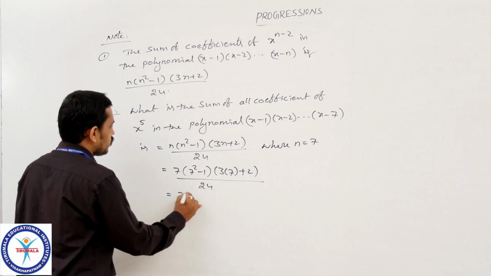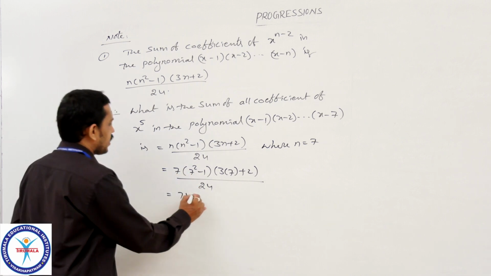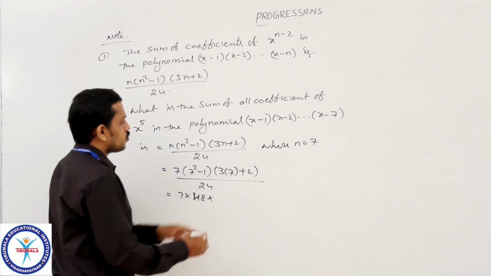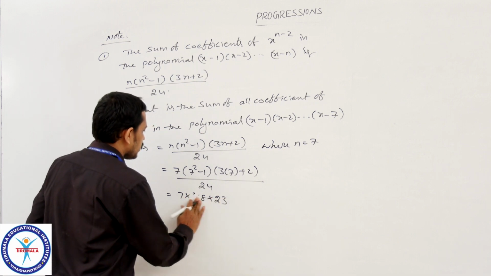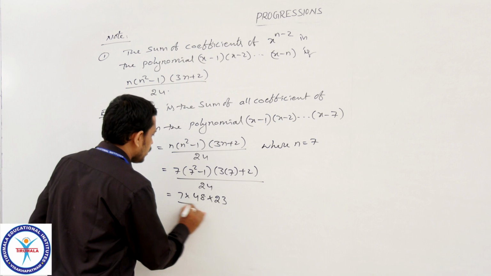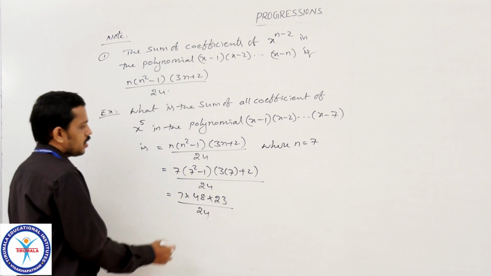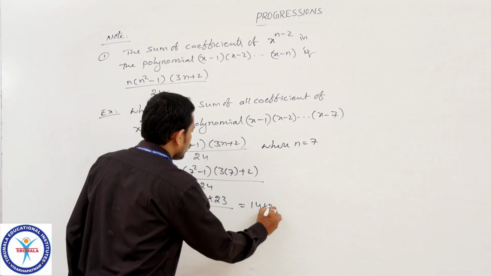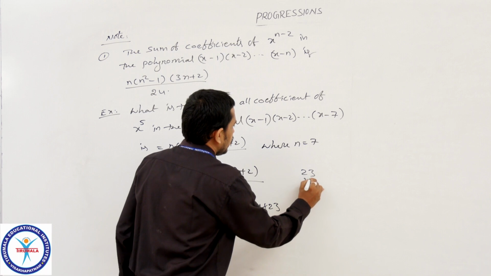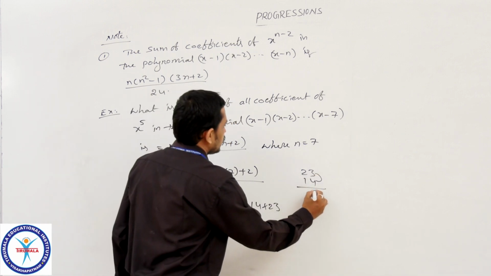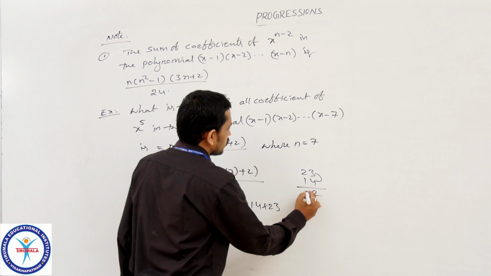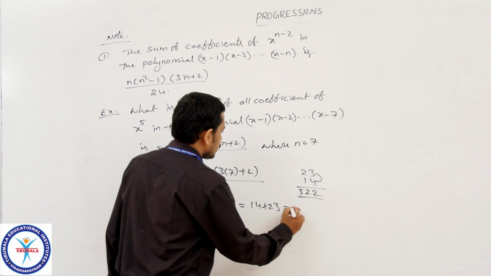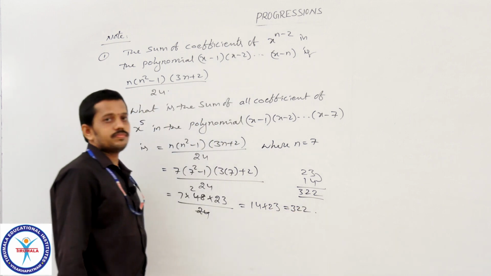This is equal to 7 into (49 minus 1), which is 48, into (21 plus 2), which is 23, by 24. 24 twos are 48, so this is equal to 14 into 23, which is 322.